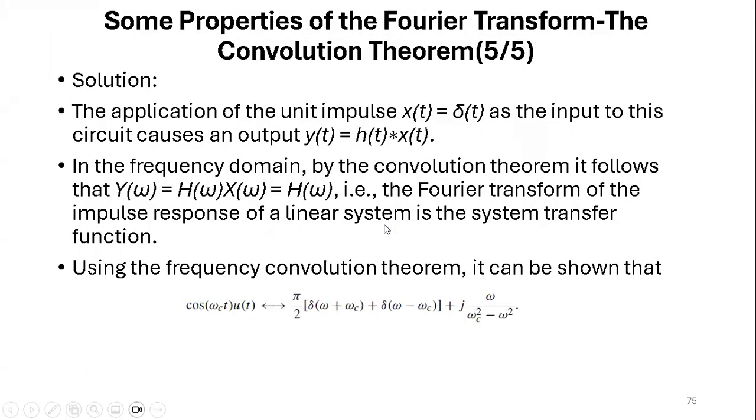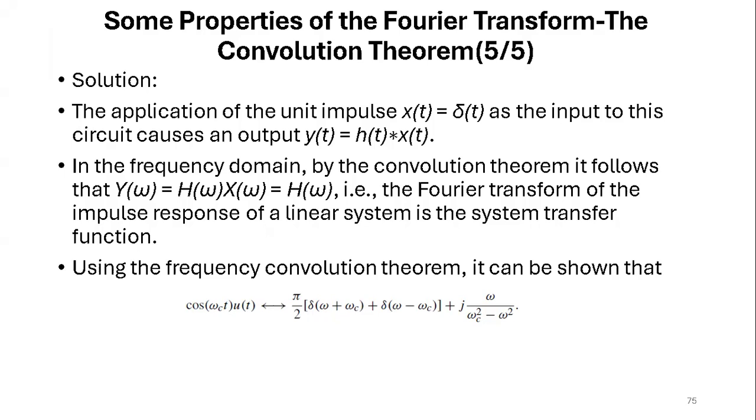The solution: the application of the unit impulse x(t) as the input of this circuit causes an output of h(t). The Fourier transform of the impulse response of a linear system is the system transfer function.